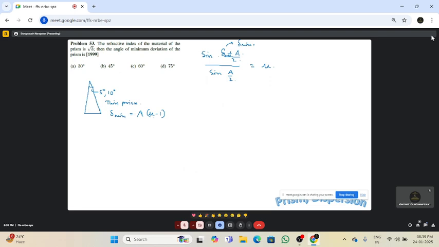How to do this? I think some data is missing here. 60 degree, refractive index. Okay, I think A must be given. A is not given, so let's assume 60 degree.